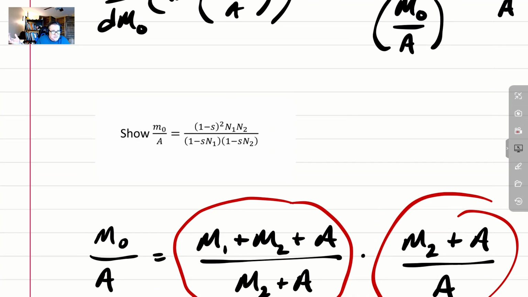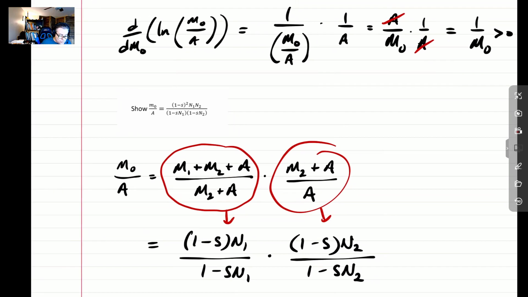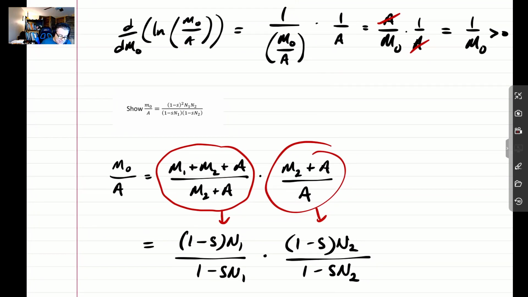You might think, well, why did you even think to consider that? Just now recognize that I could write that m naught over a as this expression in terms of these new variables, which of course looks much more complicated, but it has a value in a moment when we tie in the ln of that expression. So anyway, the point is that if you take m naught over a, I have just showed that this expression is equal to that, and this expression is equal to that.